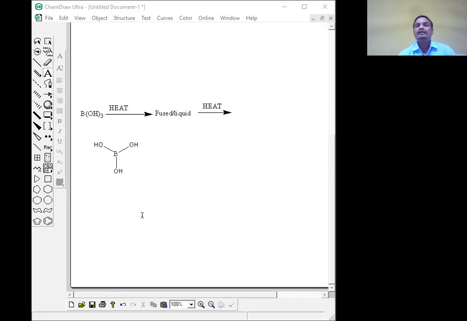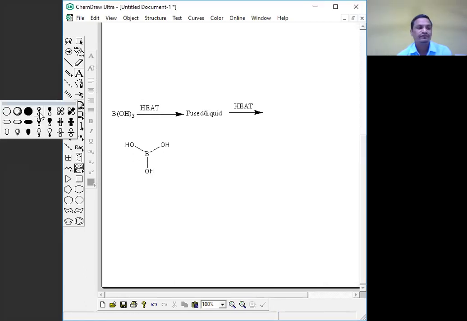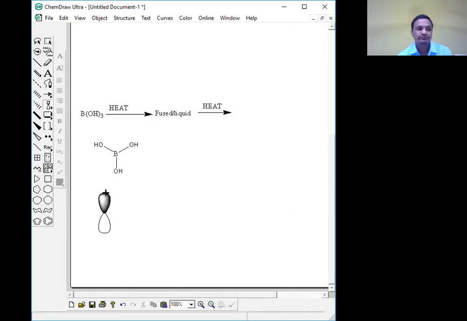Now, in another question: which of the following diagrams indicates the formation of a pi bond? In the first diagram, the diagrams are like this.